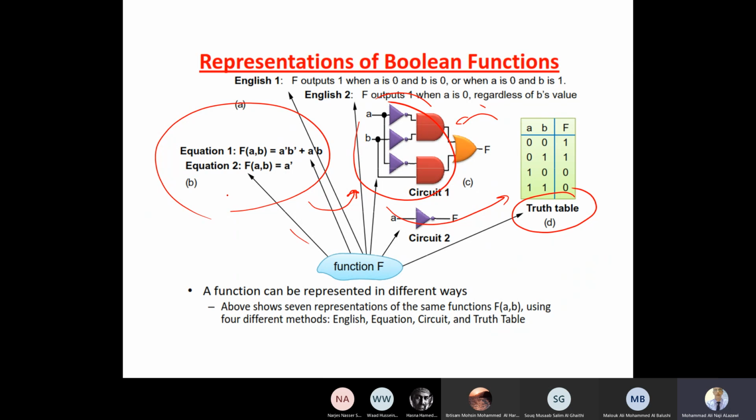Equations can be converted to a circuit, and you've done this already. The equation can also be converted to a truth table. There's a way to transform each form to another form. Like the equation can be transformed to a truth table, and a truth table can be transformed to a circuit, etc.